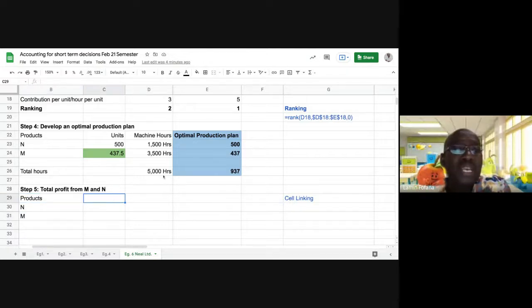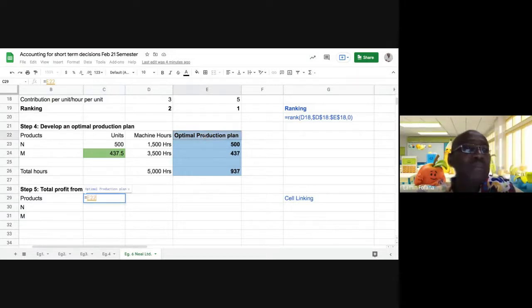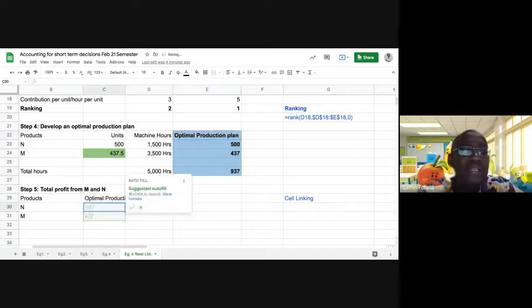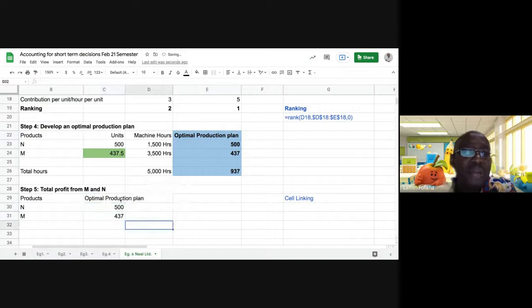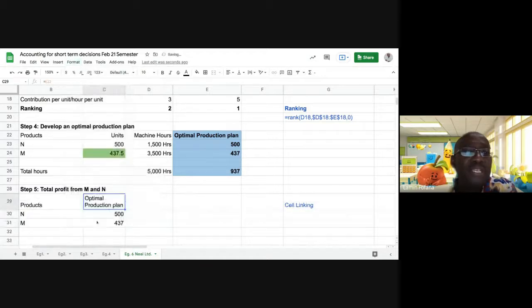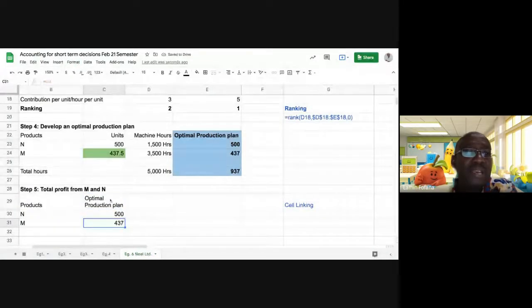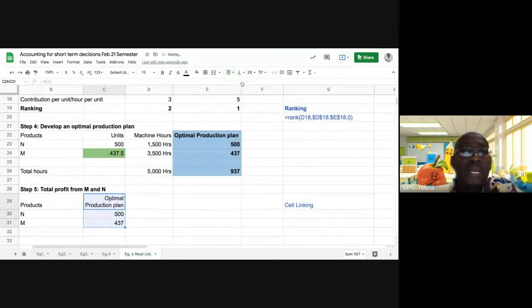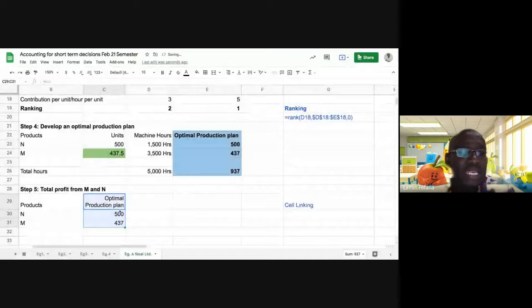So we're going to do the same thing. We're going to link our optimal production plan here. I'll just say equals, click on the first one, which is E22, and enter. Then it will give me everything. This time around, I'm going to wrap this so that it can fit nicely, and then align this to the right.